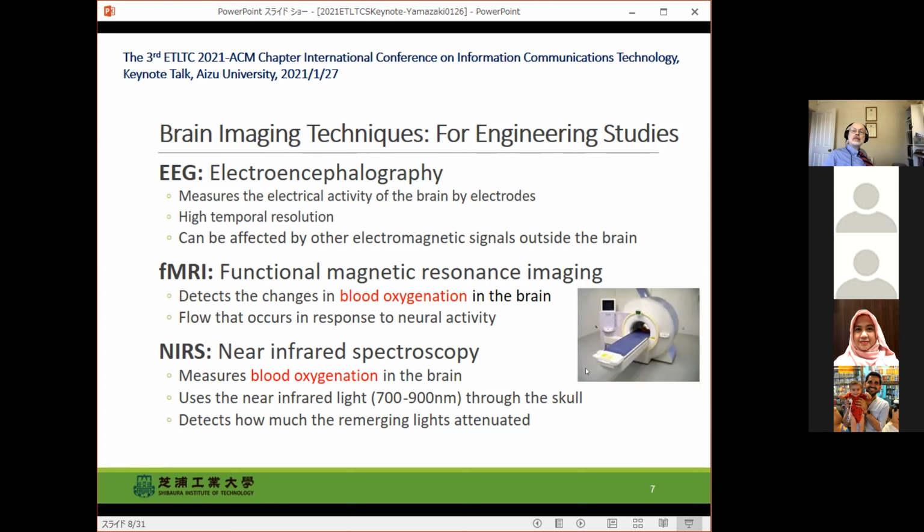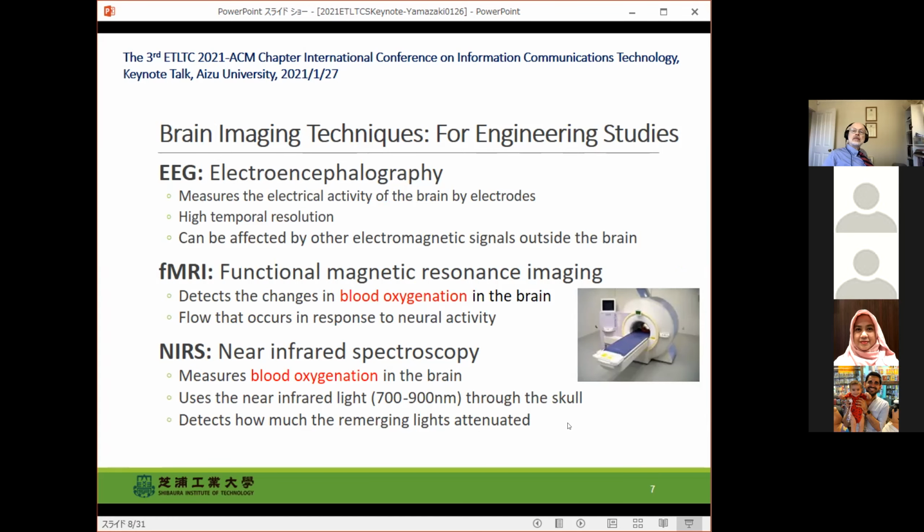But if you have a chance, it's a very nice system to use to investigate what's going on inside our brain. And the last one is fNIRS, or functional NIRS. It's called near-infrared spectroscopy. In our lab, we use this system a lot. Functional MRI and functional NIRS both measure blood oxygenation in the brain.